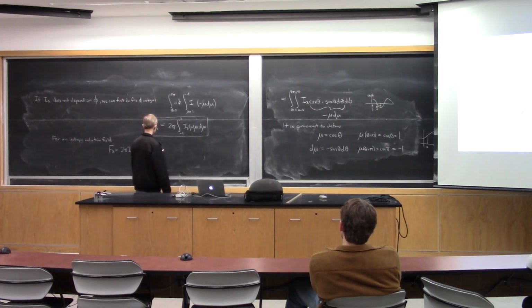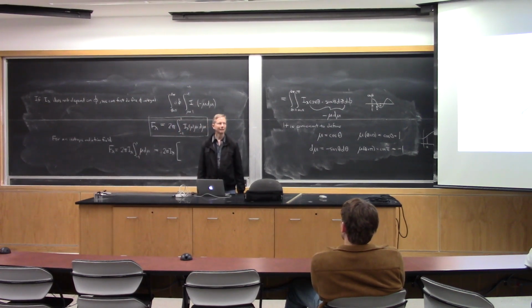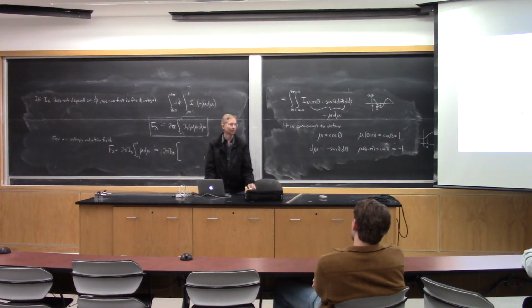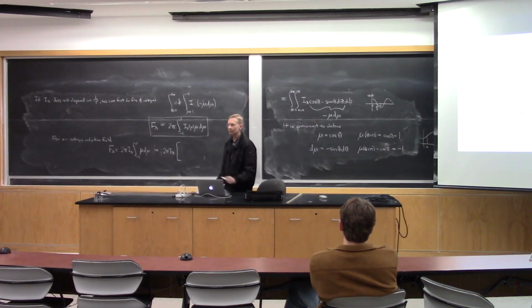Well, if I want to just be explicit, I've got 2 pi I lambda, and then what's the integral of mu? I just want mu itself because I'm doing the integral as mu. I've made a substitution, so I'm just treating mu as its own thing. Mu integrates to half mu squared.